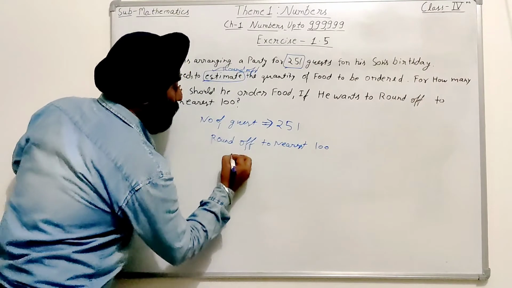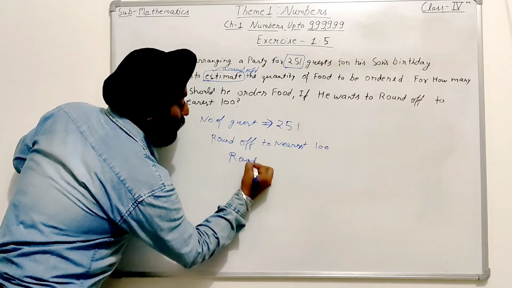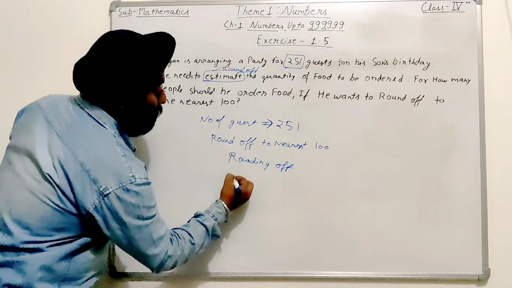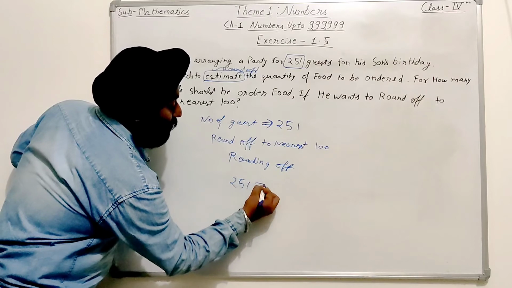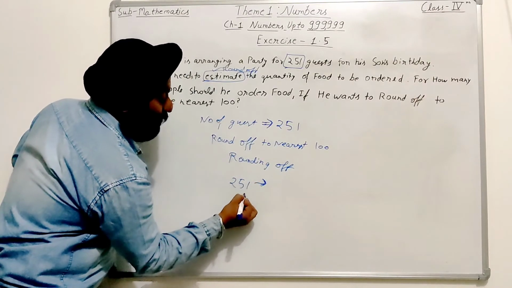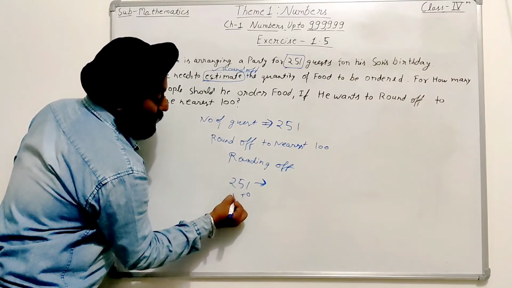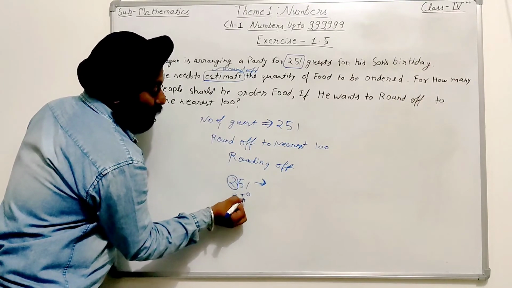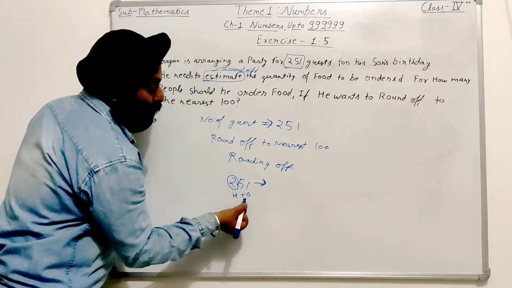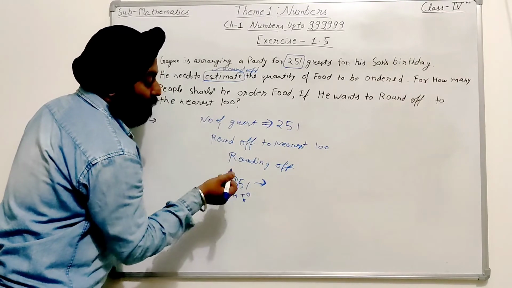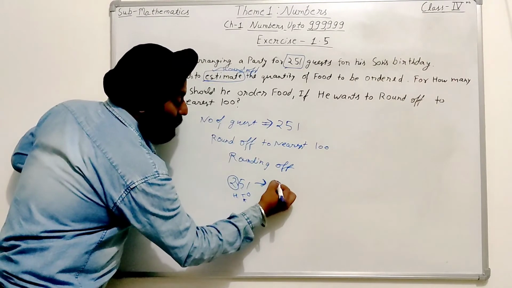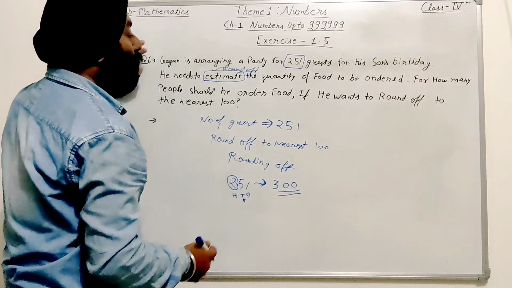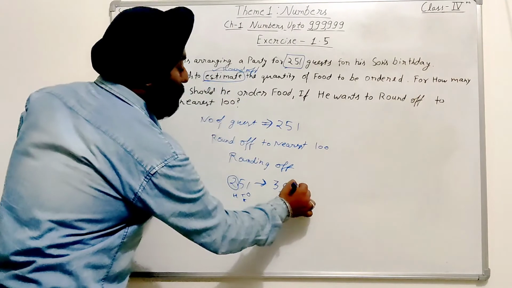What will 251 become? It's the ones place, tens place, hundreds place. We have to see the hundreds place, and on the tens place there is 5. So if there is 5, we have to add 1 on the hundreds place. So 300. So Gagan has to order food for 300 people.